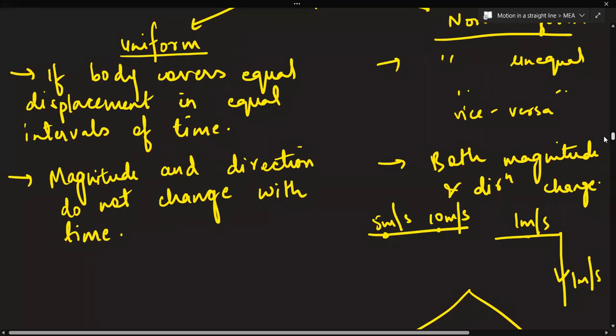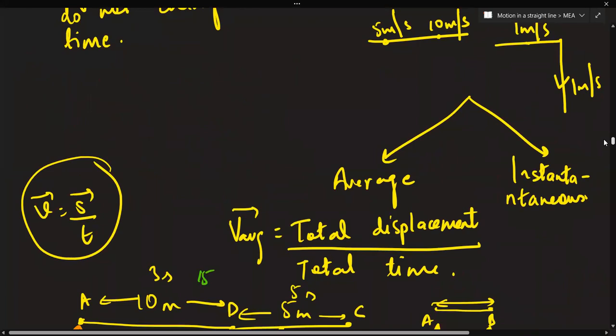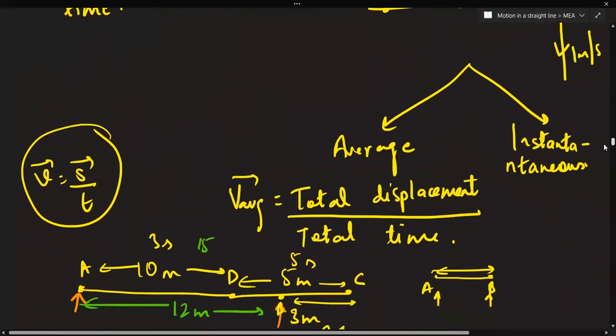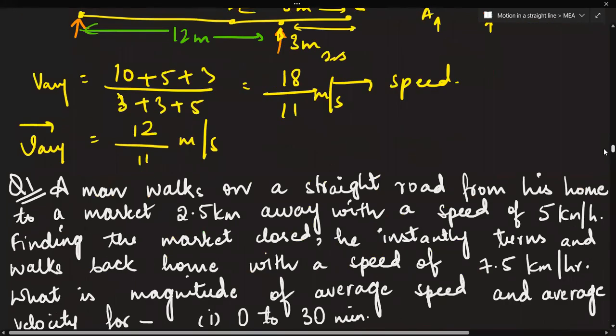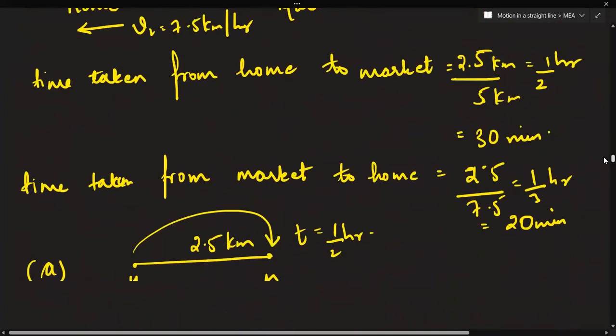Then also we'll say the velocity is non-uniform. If both magnitude and direction change, then also velocity is non-uniform. Again, same thing: for a particular time instant, you have instantaneous velocity. For an interval of time, you have average velocity. This is how you calculate it.